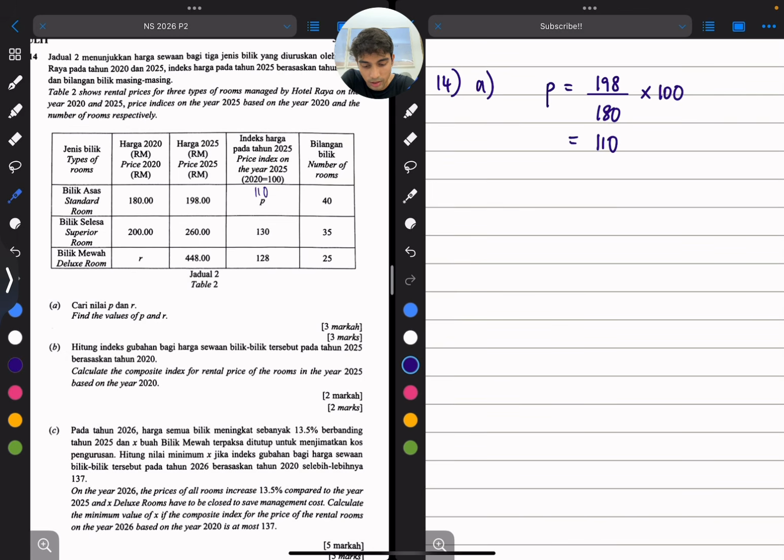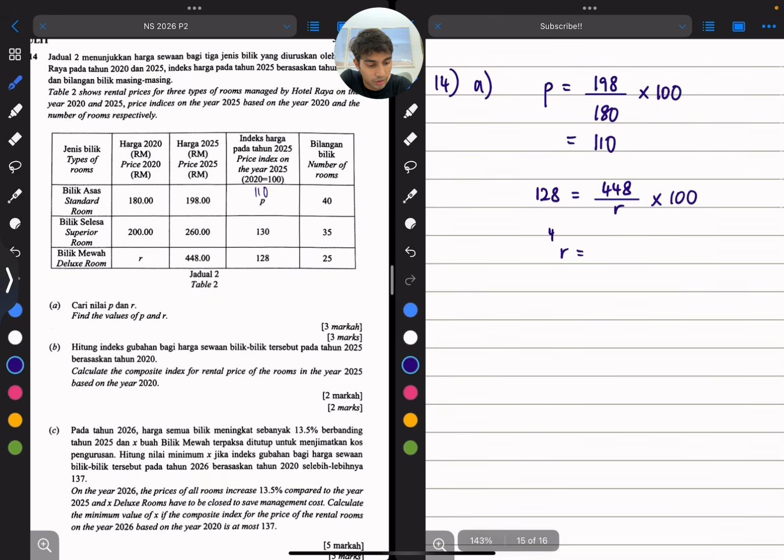And then R, use the same formula again. Index equals this over this times 100. So you can say 128 equals 448 over R times 100. Or I can say 448 over R is 128 over 100, which is 1.28. So making R the subject, we must swap with this.